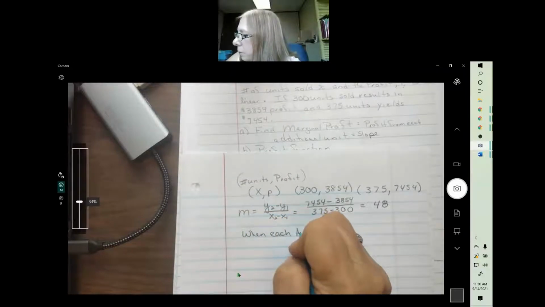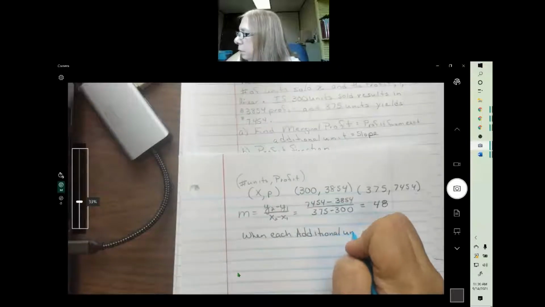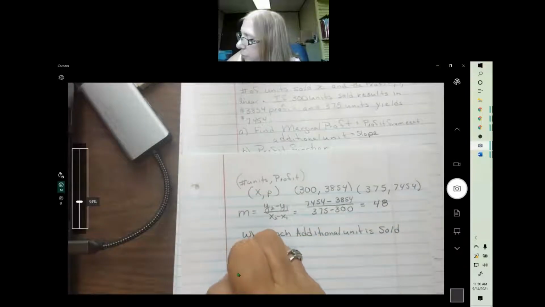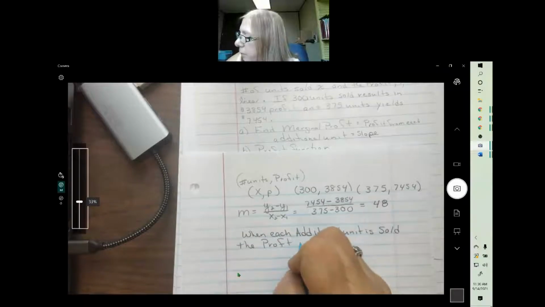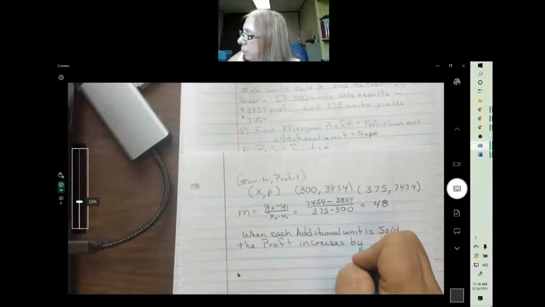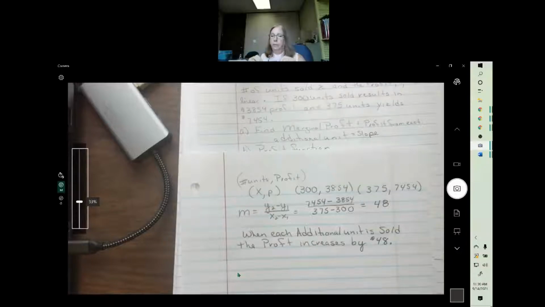When each additional unit is sold, the y value, which is profit, increases because it's positive by $48. You need to be able to explain what it means. Any questions on it?